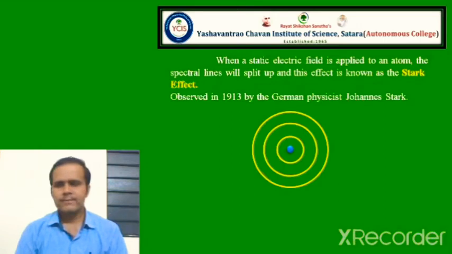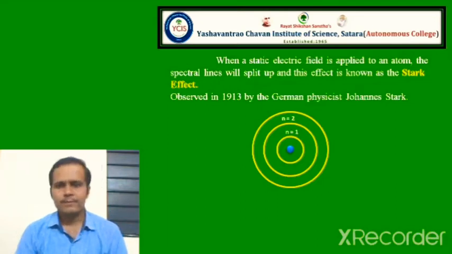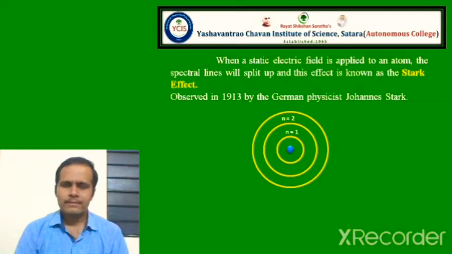As we know, there are a number of orbits around the nucleus of an atom. Every orbit has an energy value different from the others. As we know, n is the principal quantum number. The energy of that orbit varies with the principal quantum number.